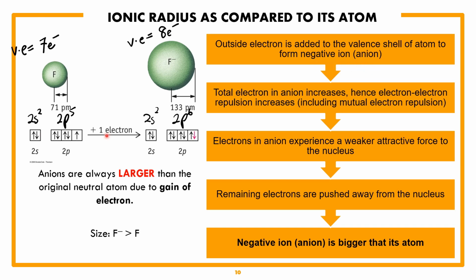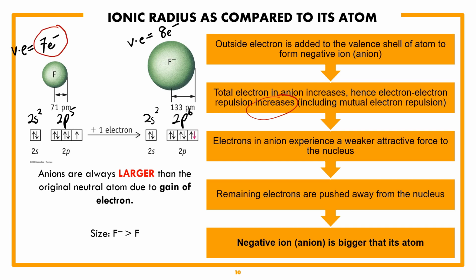that is anion. So elektron yang daripada luar tu tadi ditambah masuk ke dalam valence shell. Total electrons in anion will be increased. So hence electron-electron repulsion will be increased. So as we compare the total of valence electron di dalam fluorine atom, kita hanya ada sebanyak 7 elektron.